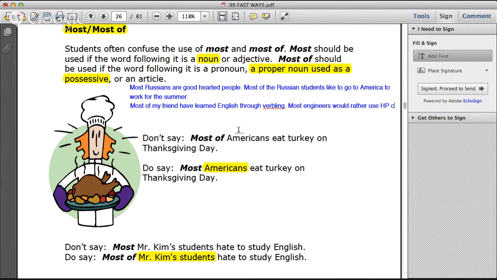Yes. Like a calculator. A calculator. Yes. Gotcha. Use, and then here we would need to have an article. Would rather use an HP calculator. Okay, that's good.